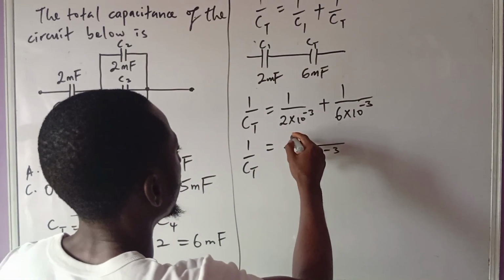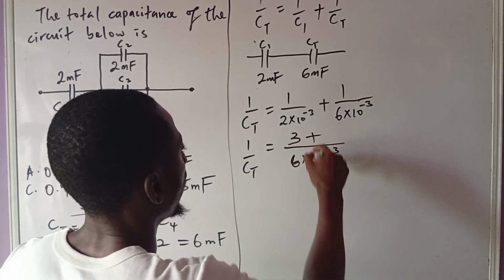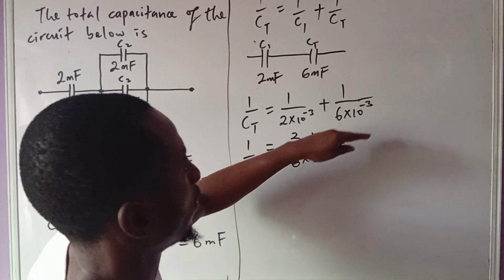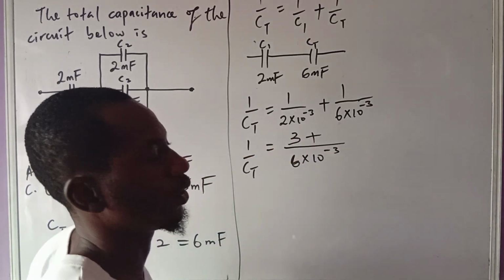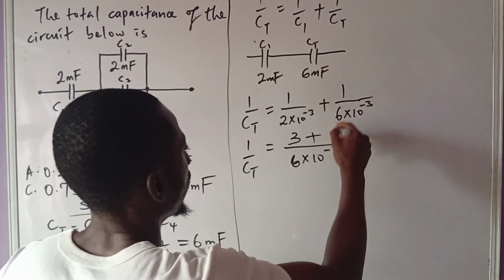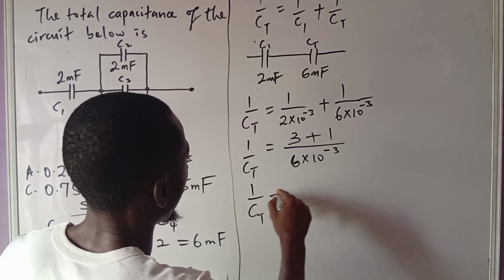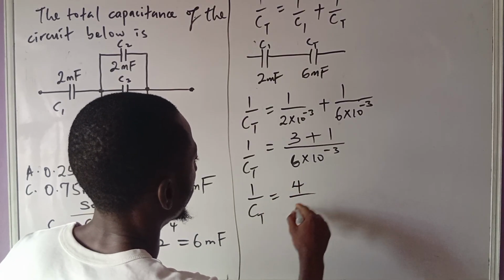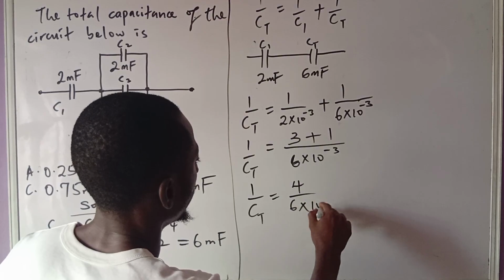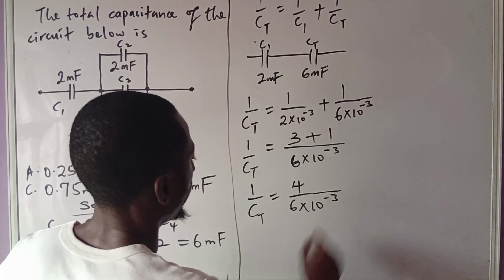So 3 times 1 will give you 3, plus 6 times 10 raised to power minus 3 divided by 6 times 10 raised to power minus 3, you have 1 times 1, and I'll have 4 over 6 times 10 raised to power minus 3.